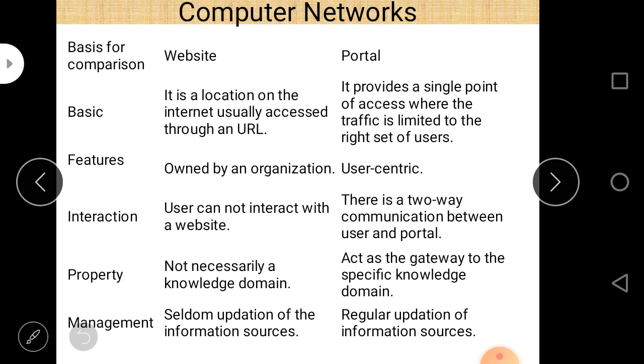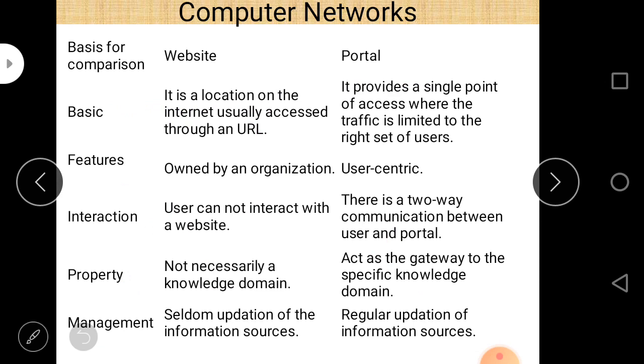Features: web portals are user-centric. Interaction: for a website, the user cannot interact with it, but in a portal there is two-way communication between user and portal.